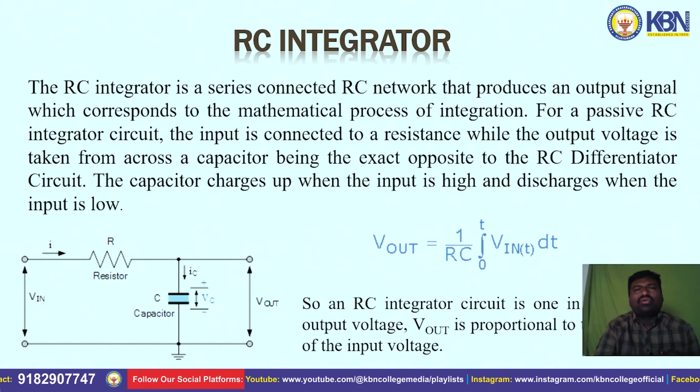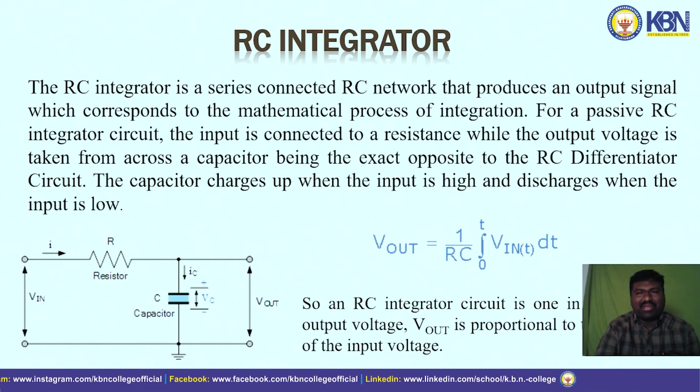One more passive component circuit we are discussing is the integrator and differentiator circuits. The RC integrator is nothing but a low pass filter. The integrator circuit is connected as a series combination of a resistor and a capacitor and produces an output signal corresponding to the mathematical process of integration.